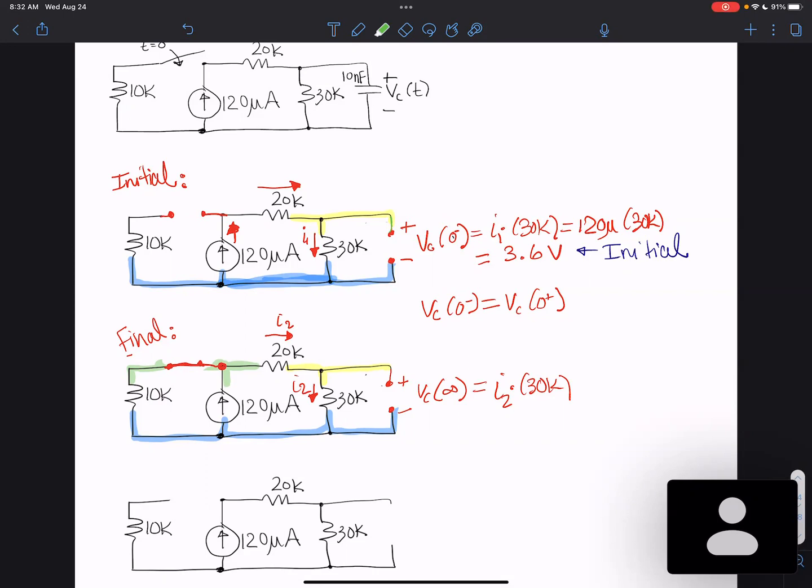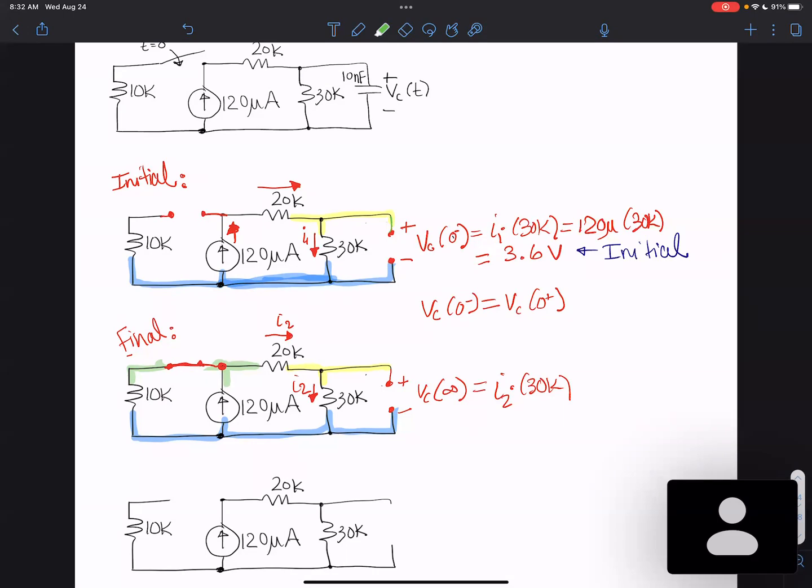There are two loops there, so you could do two KVL loops and then a KCL, a current summation. Any other ways we could solve it?